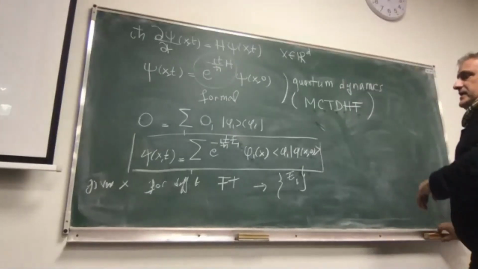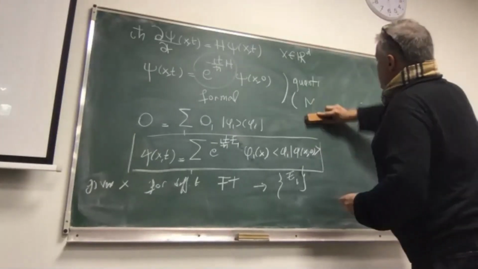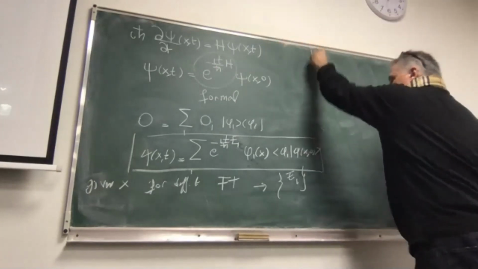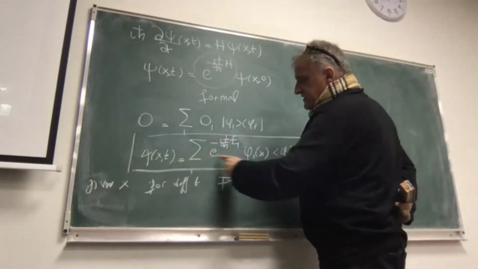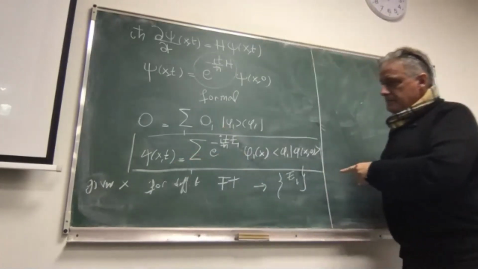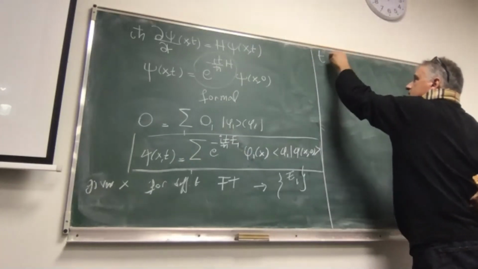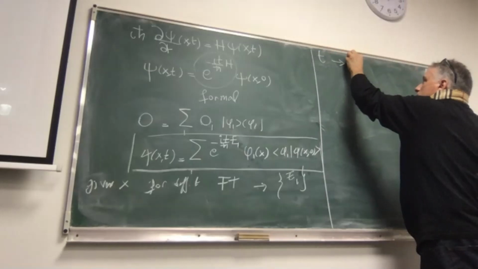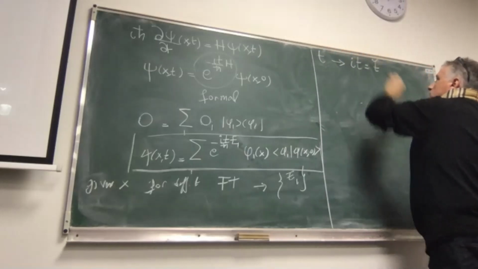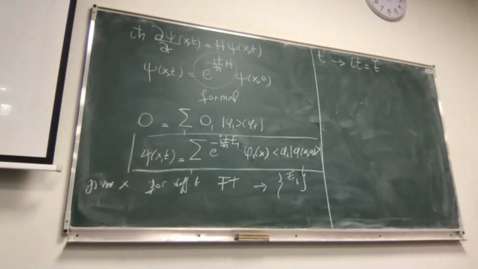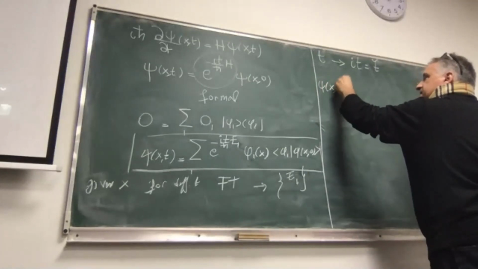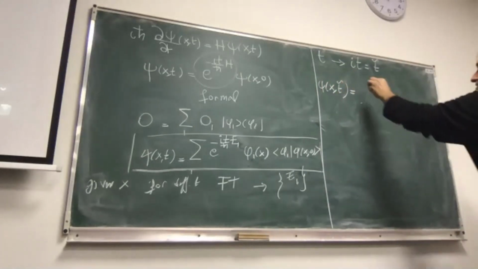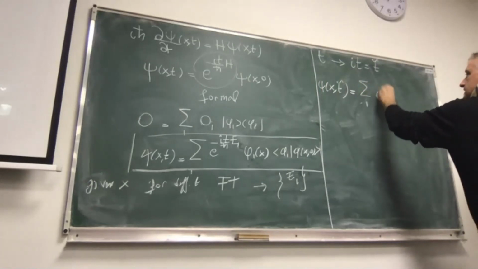Now, the idea of QMC and all QMC methods is to make the following remark. You see this expression here: if I change t into a new variable, which I can call t tilde, which is i times t, and I'm able to compute psi x of t tilde, which is the sum over i of exponential minus E_i t tilde.